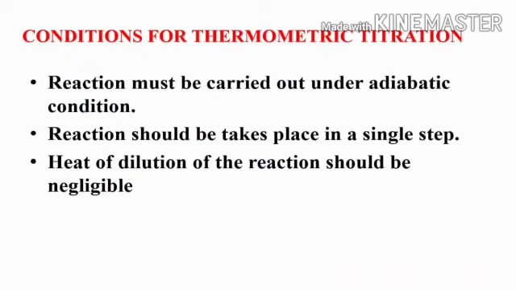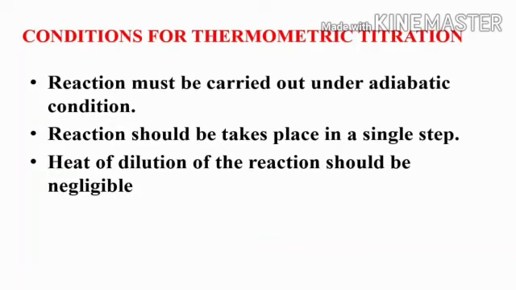The conditions which we look into to do thermometric titrations include: thermometric titration must be carried out under adiabatic condition. That is, heat should not be exchanged between the system and surroundings. For that, a thermally insulated vessel is required.